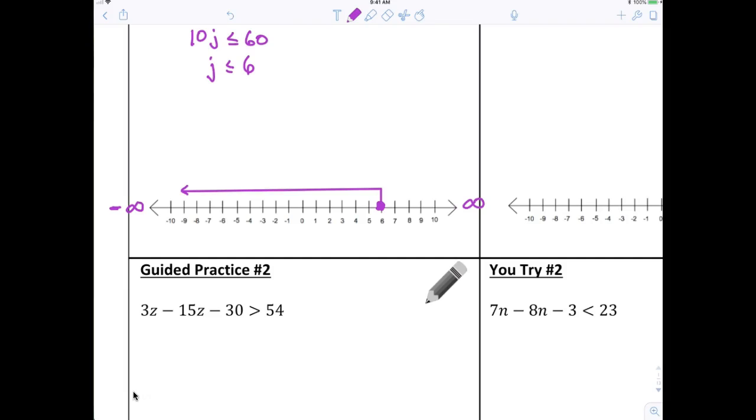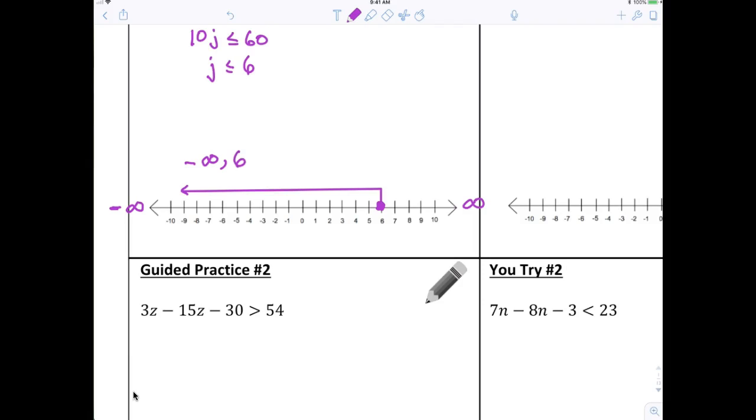So on the left, where are we starting? Negative what? All the way to the left is what? We're going from negative infinity all the way to what number? 6. Thank you.